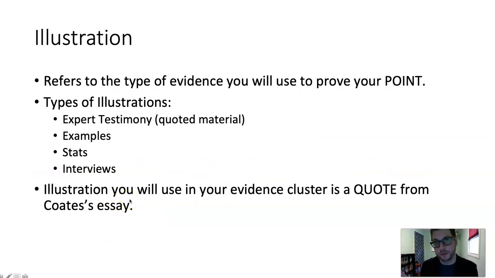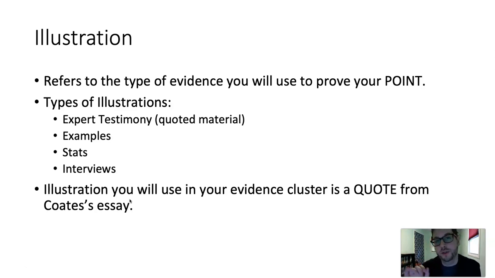After you have a point, the next thing that you should have is illustration. Illustration, from a general perspective, refers to the type of evidence you use to prove your points. Types of illustration that you may commonly use in the future could be expert testimony, examples, statistics, interviews. Right? For this specific project, your illustration will be a quote from Coates' essay.